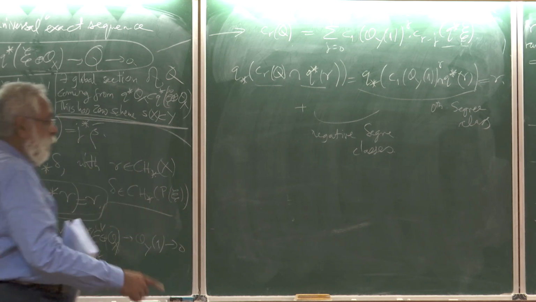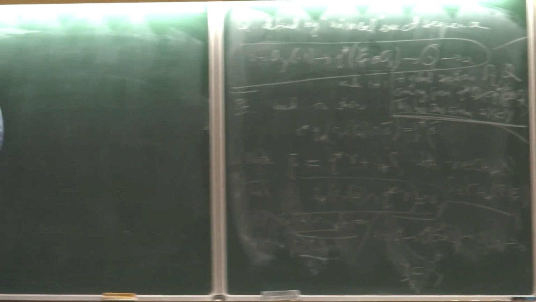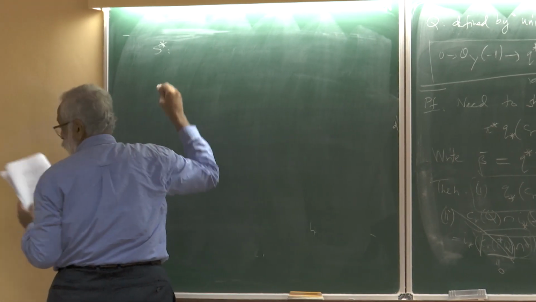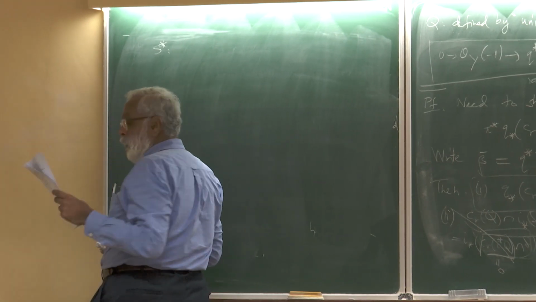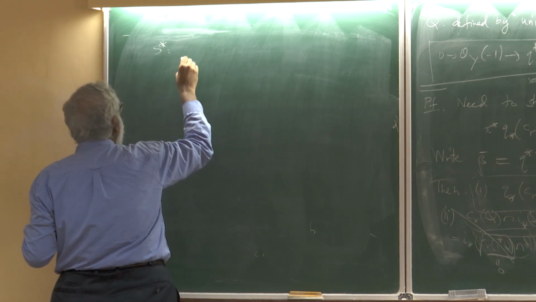That formula is proved. Next thing I want to do is I want to, in an ad hoc fashion, define a Gysin map, which will, in fact, after the theory, coincide with the one developed in other lectures, but I can do it in an ad hoc fashion for me.